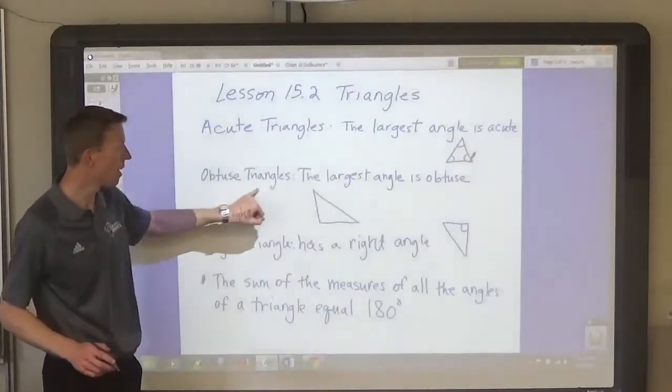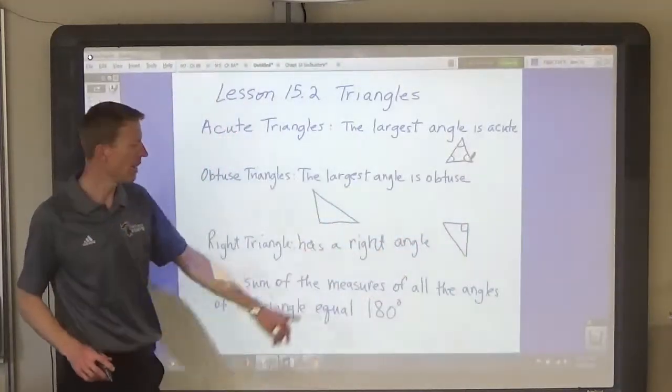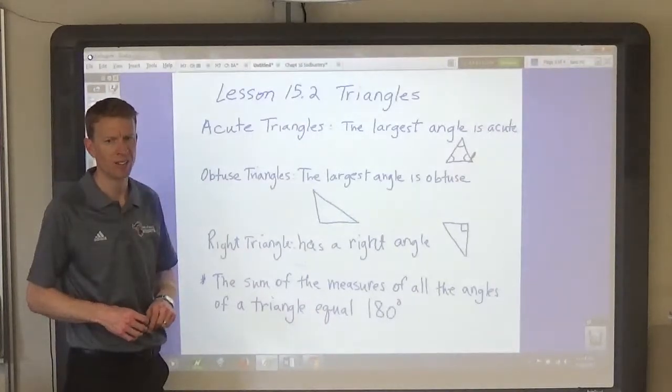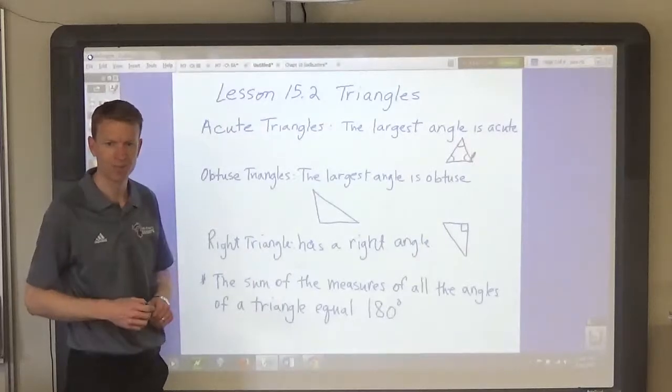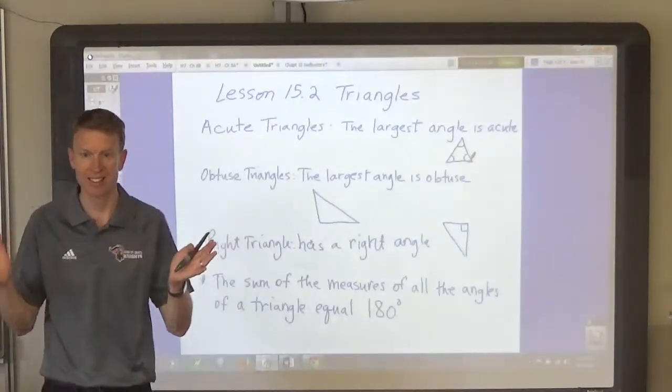In an obtuse triangle, the largest angle is obtuse. Why can't all the angles be obtuse? Because then it wouldn't be a triangle. Would the sides connect?